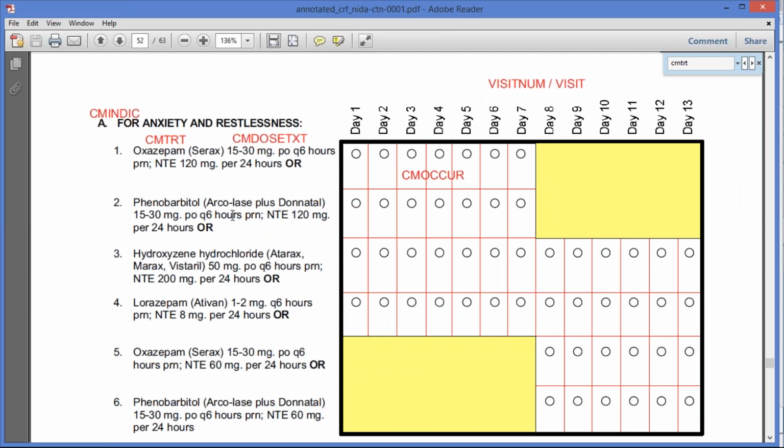If the patient is taking so-and-so medication, they will circle the day there, on which day of the treatment the patient is taking this medication.